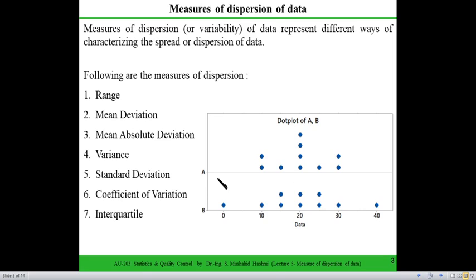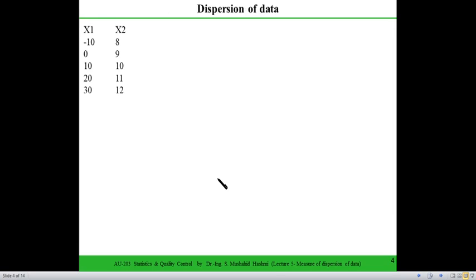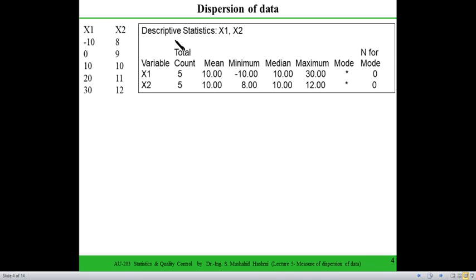But before even visualizing, how can we quantify that amount of variability in the data set? Let's say you have two data sets, and there are 5 data points in each set, like x1 and x2. If we calculate the mean, we see from Minitab that both variable x1 and x2 have 5 points in the data set, and their mean value is the same.